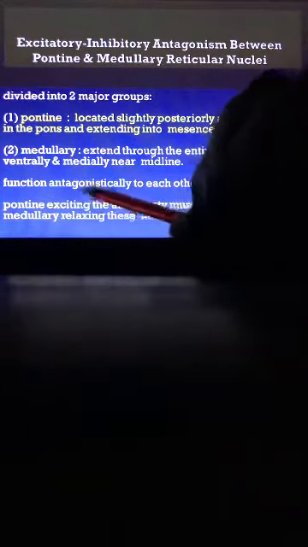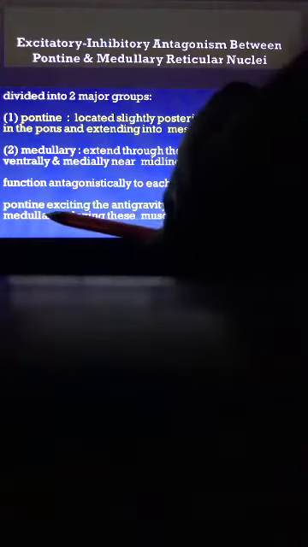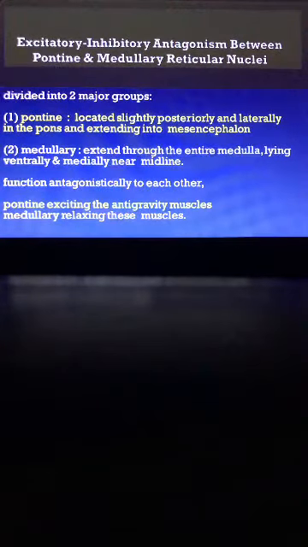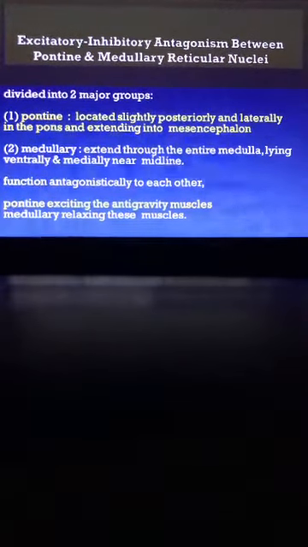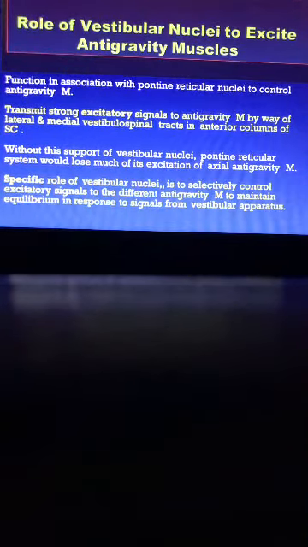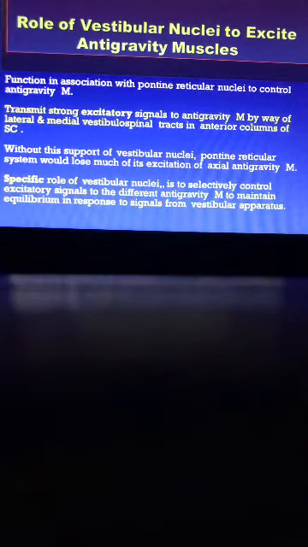Pontine مسؤول عن excitation of anti-gravity muscles، while medullary relaxing the anti-gravity muscles، يعني المسلز المسؤولة عن الوقوف standing and posture. Role of vestibular nuclei to excite anti-gravity muscles، هذا تقريبا يعني توضيح أكثر.